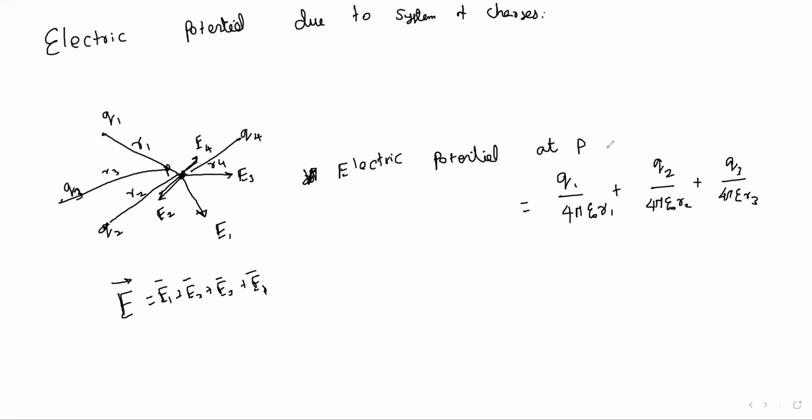There are two things. One is, if the source charge is positive, the point charge, the test charge, is repelled. So work should be done on that charge to keep it at point P. Because if you are bringing the test charge from infinity to point P, once it reaches the region of electric field, it experiences the repulsive force.